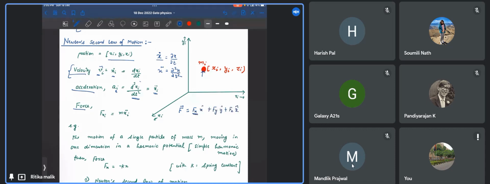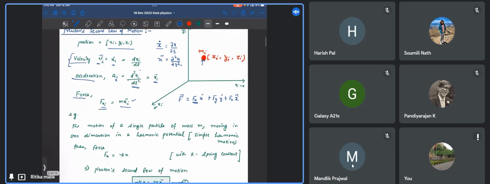The x component can be calculated using differentiation with respect to the one coordinate x. In the Cartesian coordinate system, x, y, and z are independent, so you can just differentiate with respect to x and you will get the force.